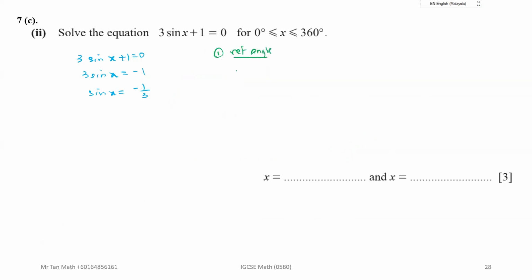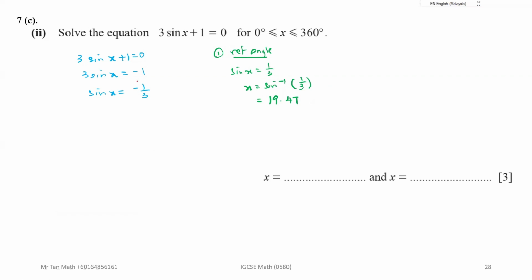We use the positive, so sine x equal to 1 over 3. So x equal to sine inverse of 1/3. You should get 19.47.